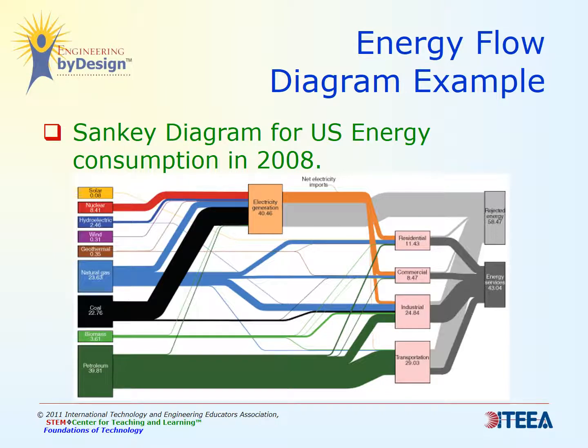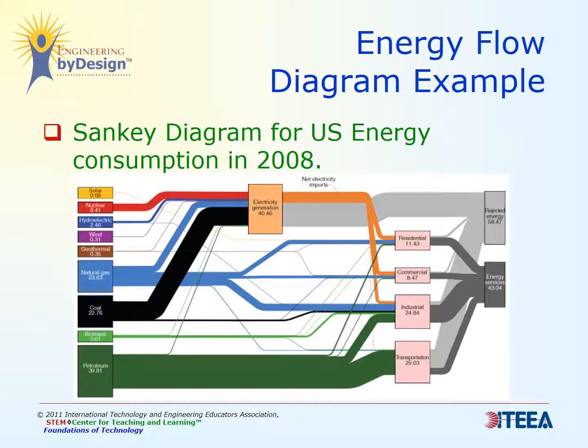Here's the Sankey diagram for U.S. energy consumption in 2008. And you'll see solar energy, nuclear energy, hydroelectric energy, geothermal energy, natural gas, coal, biomass and petroleum. Petroleum is the largest at 39.81%.